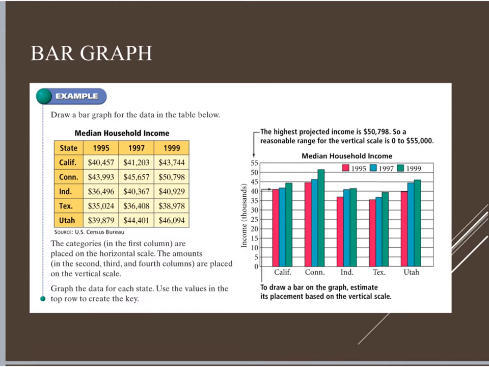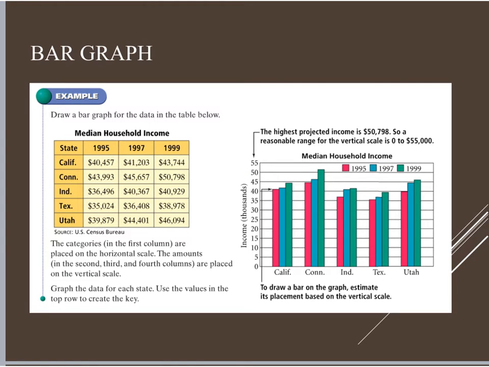Now in this example of a bar graph, again, we have our word data. So in this case, we're looking at different states that run along the horizontal or x-axis, and our numerical data is being measured along the y-axis.